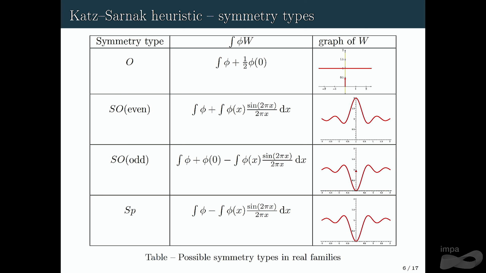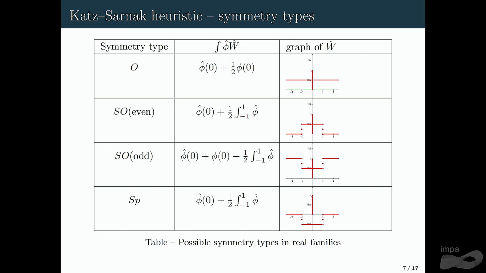Or if the symmetry type is special orthogonal even, then there is zero chance to have a zero exactly at 1/2, but there is a big chance to have a zero very close to 1/2, very close in the sense of the log conductor. While if it is a special orthogonal odd family, then there is definitely a chance of 1 to have a zero at 1/2, and the zero should be of multiplicity 1.